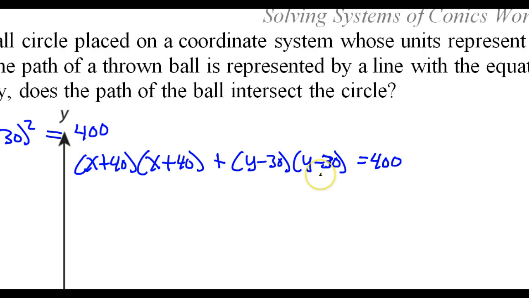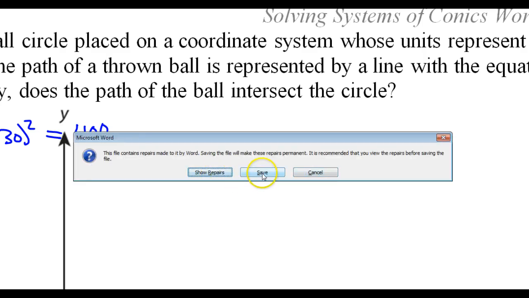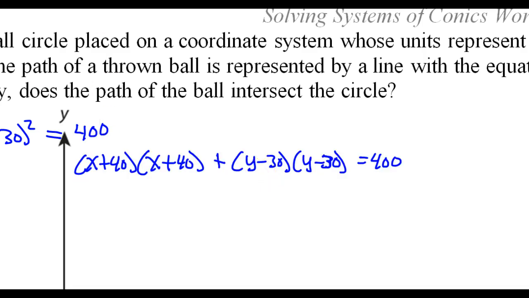So we need to multiply this all out. We have to do this double distributive property.